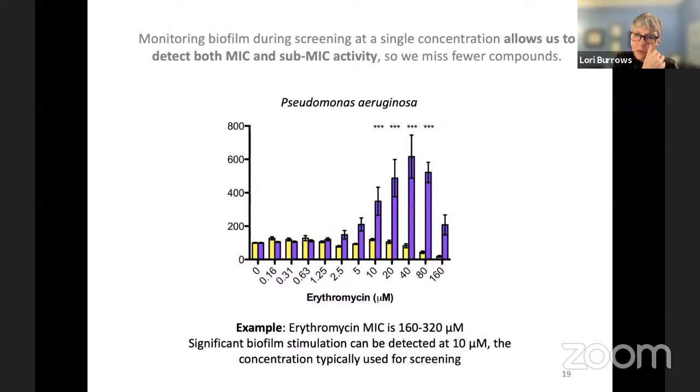So just to reiterate that point, when we do screening, we only screen at 10 micromolar typically, right? So this is an example of a Pseudomonas aeruginosa biofilm assay, and you can see for erythromycin, which is the example I'm showing you here, at 10 micromolar, if I was just to look at growth in the yellow bars, I would not consider this to be an antibiotic, right? And we all know that erythromycin is a very well-known antibiotic. But if my assay is just, did it kill Pseudomonas?